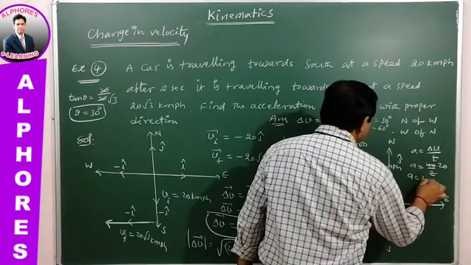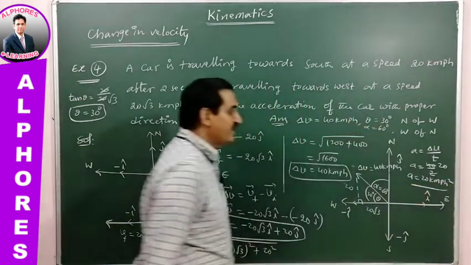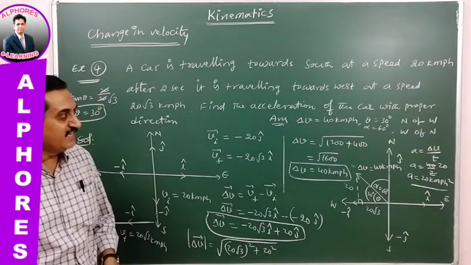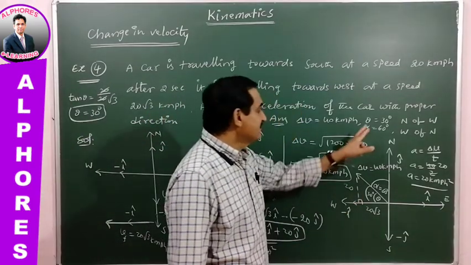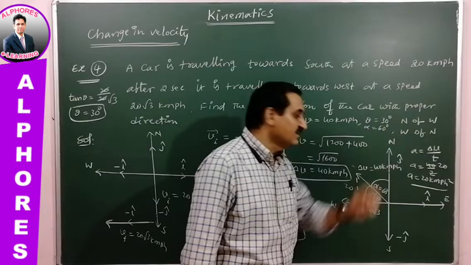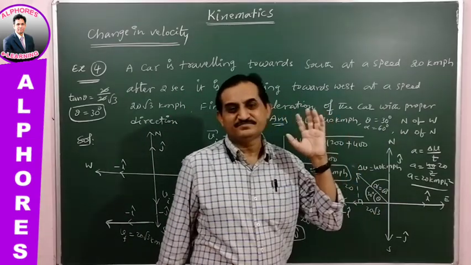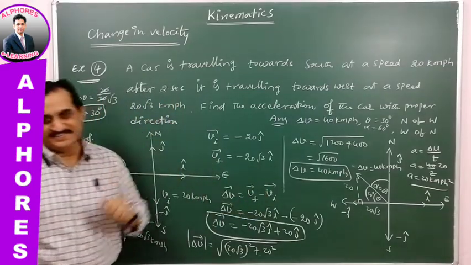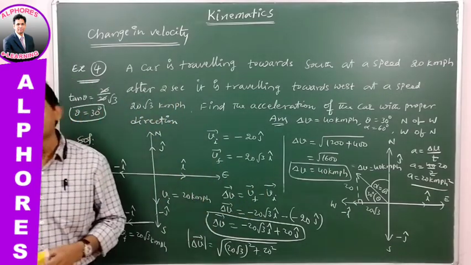So the acceleration is 20 kilometer per hour square. Again, the acceleration will have the direction 30 degrees north of west, or 60 degrees west of north. So this is the way to find the change in velocity and also the acceleration of the car.